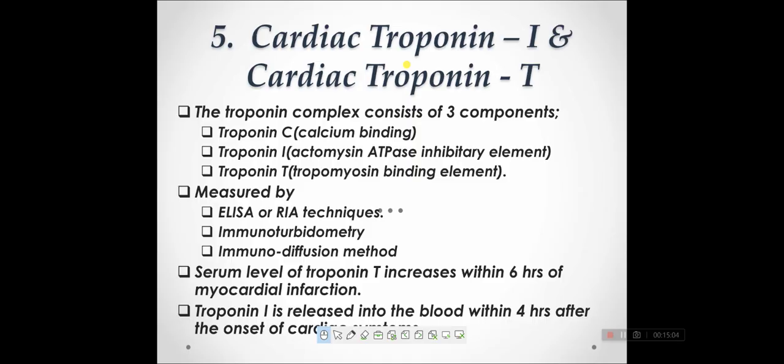Right? So cardiac troponin is the biomarker of choice for the diagnosis of myocardial necrosis because it is the most sensitive and specific biochemical marker of myocardial injury or necrosis that is available. Troponin is a complex of three regulatory proteins which are integral to muscle contraction in skeletal muscle and cardiac muscle, but not smooth muscle.